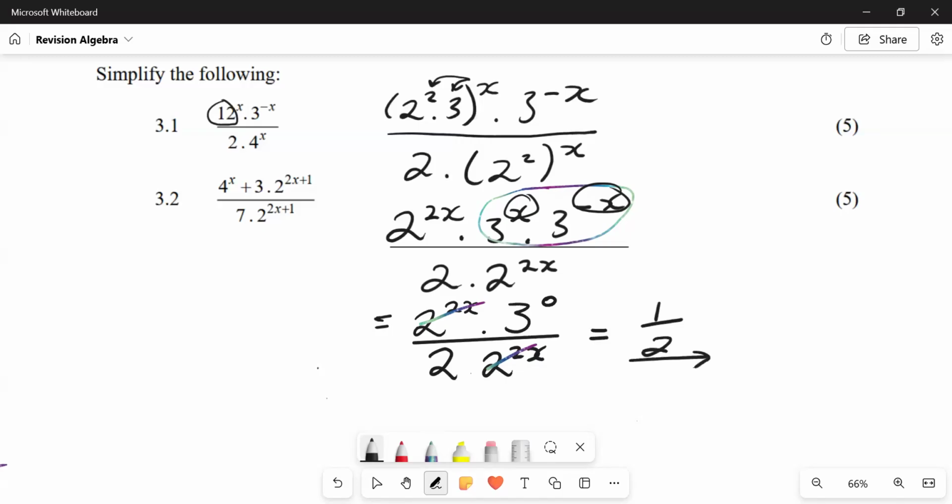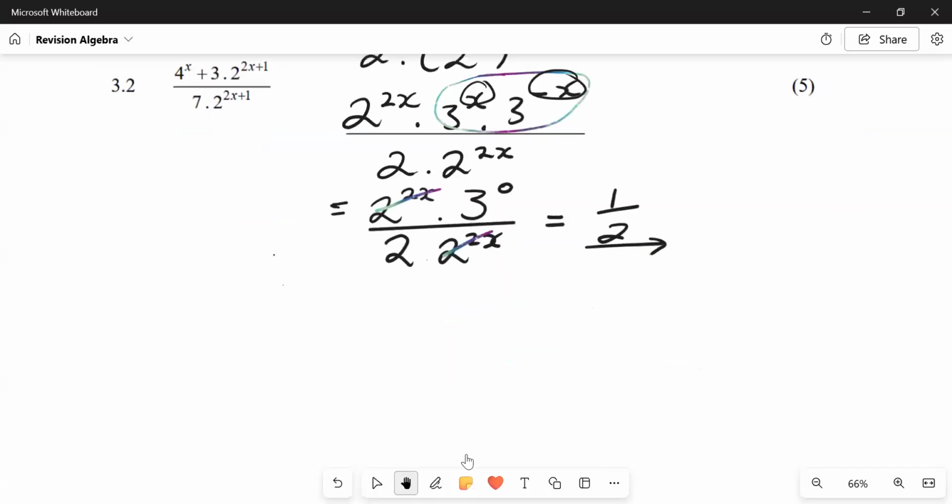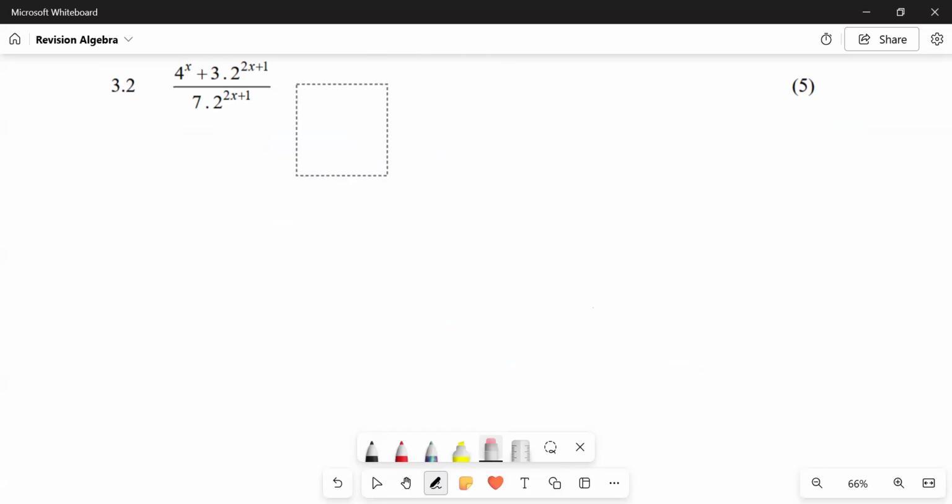And then let's move to the next question, which is 4 to the power x plus 3, right? So this is the question. What is the first step there? The first step, you also break the numbers into prime factors, né?